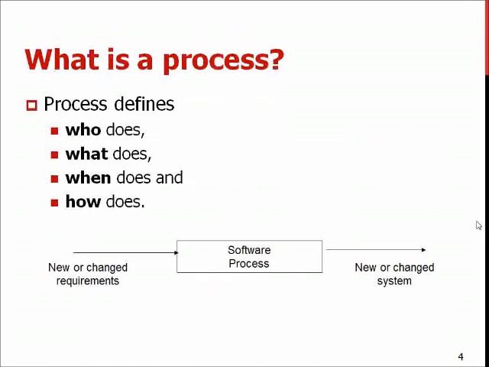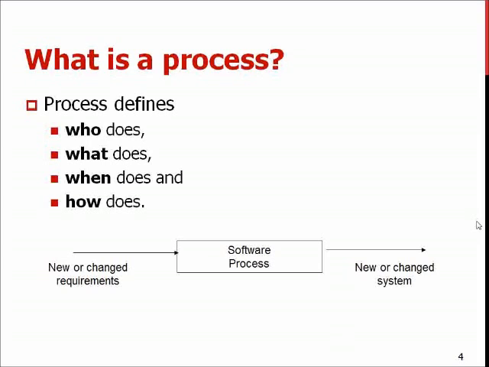So the simplified version of this rant is that the process defines who does what, when, and how. So who will be doing things, what will be done, when it will be done, and how it will be done.